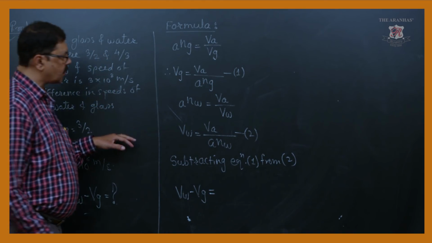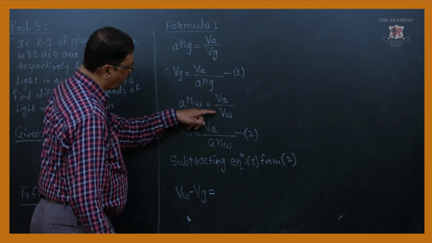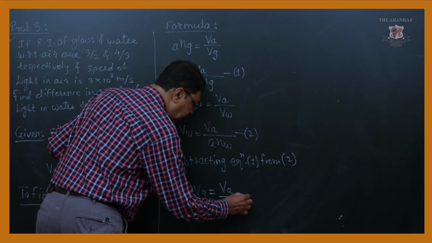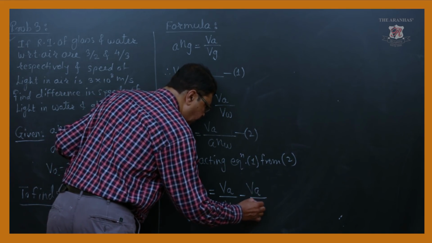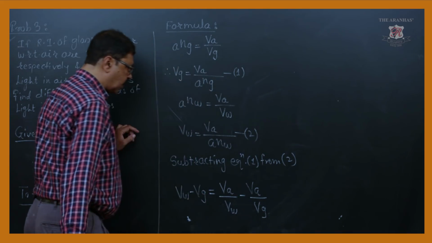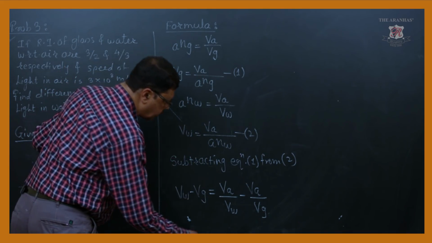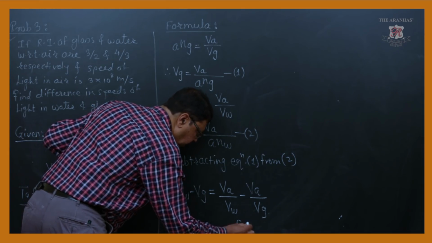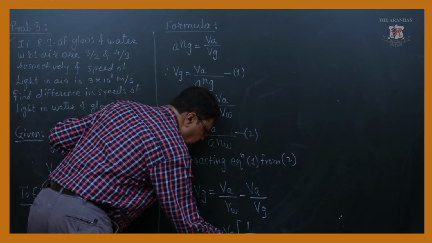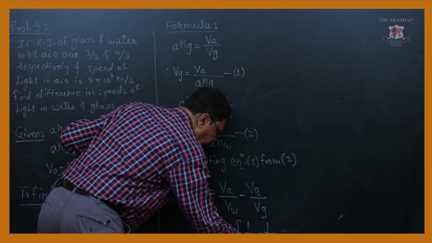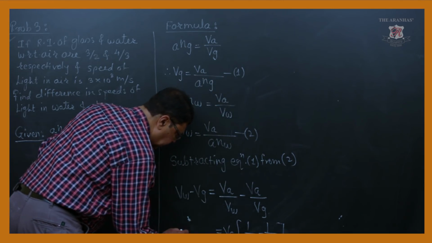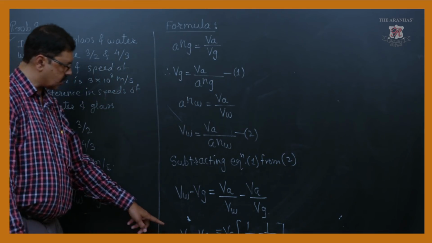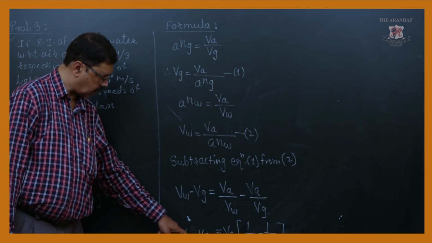Do the same process on the right hand side. So it will be Va upon anw minus Va upon ang. What appears to be common in both the terms on the right hand side? Va into bracket 1 upon anw minus 1 upon ang. This gives me the formula for difference in the speed of light in water and glass.